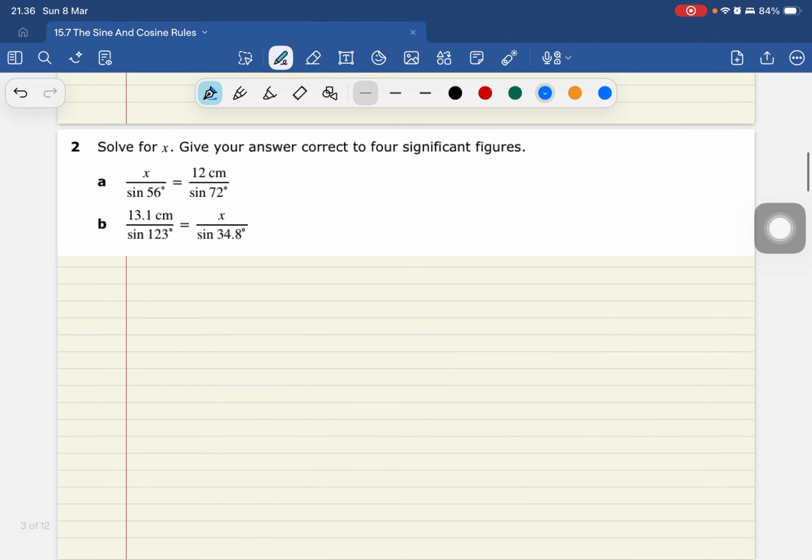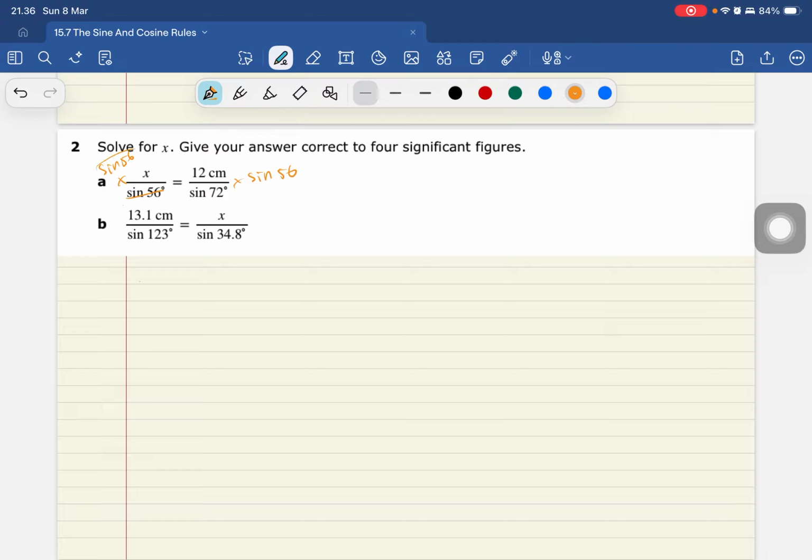Number 2, we need to solve for x. Give your answer to 4 significant figures. Okay, look at it. To get rid of the sine here, we multiply by sine 56 on both sides.